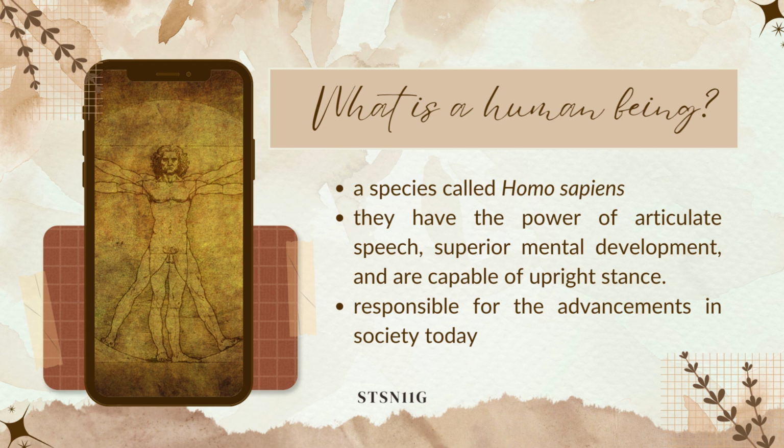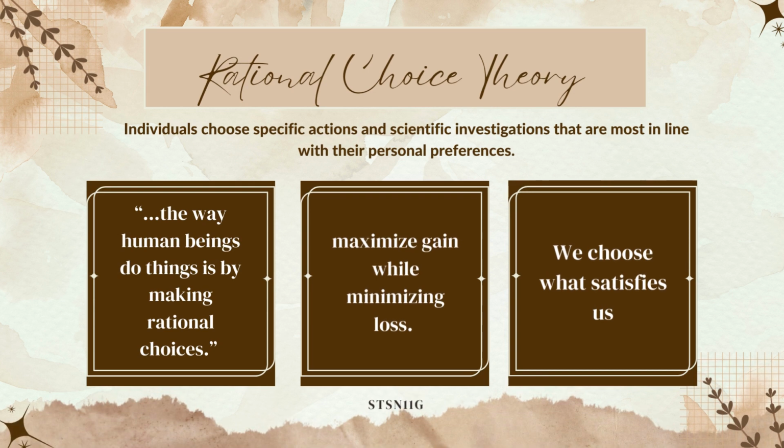Furthermore, human beings are characterized with a superior mental development, thus are capable of rational thinking or logical thinking, as we may say it. Okay. Another thing is that human beings are capable of the upright stance, meaning we are able to not just simply stand but walk upright. Okay. And again, like what I mentioned, us human beings are the ones responsible for the advancement in the society today.